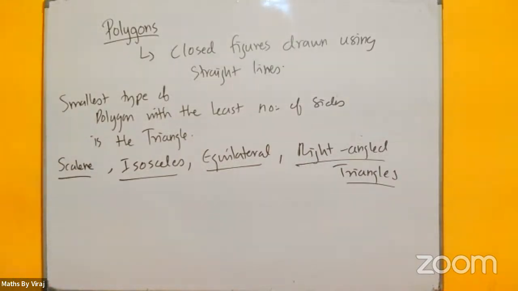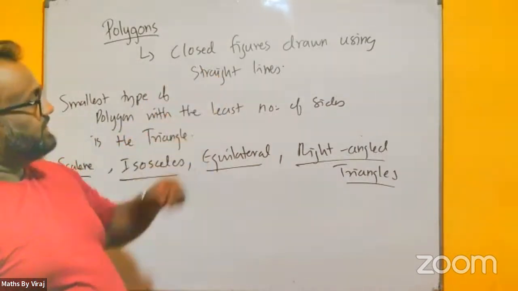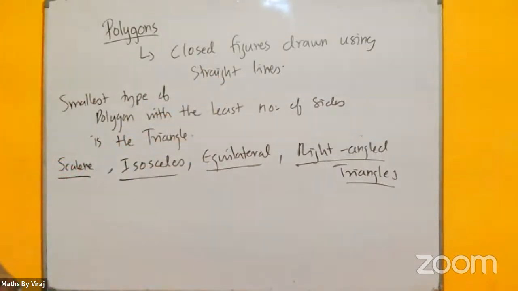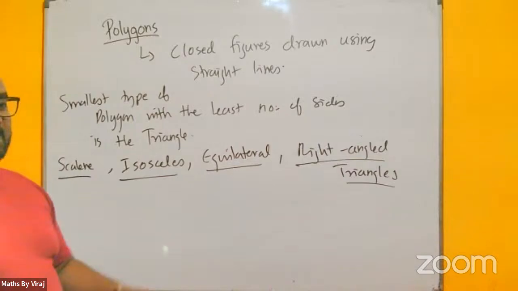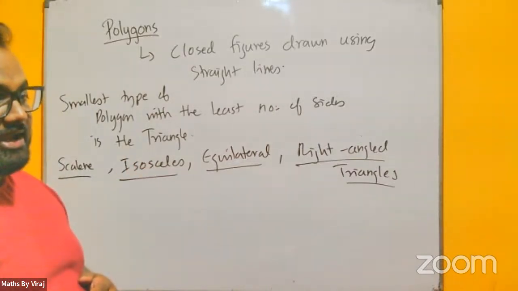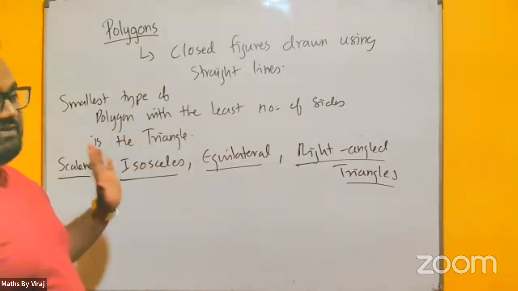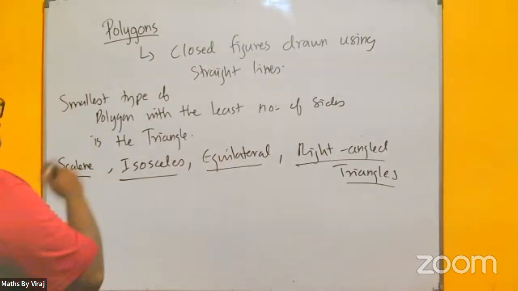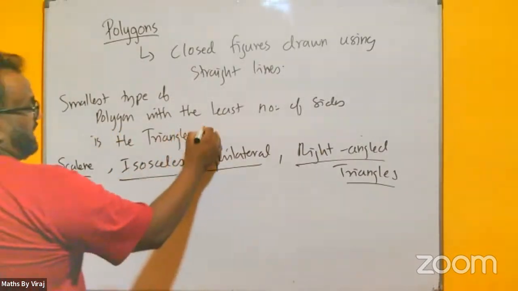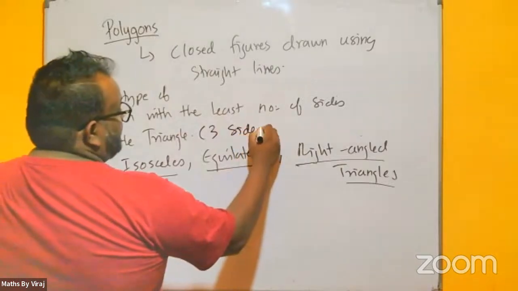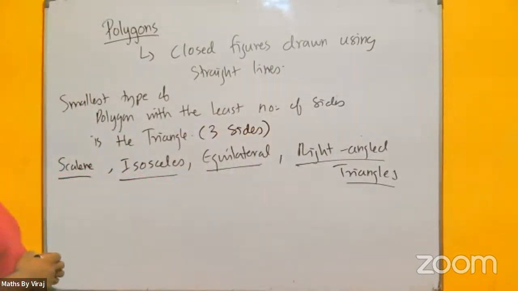Let's see. What are polygons? Closed figures drawn using straight lines. The smallest type of polygon with the least number of sides is the triangle. How many sides do we have for a triangle? Children, please do not write when I am teaching. Listen to me. 3 sides.